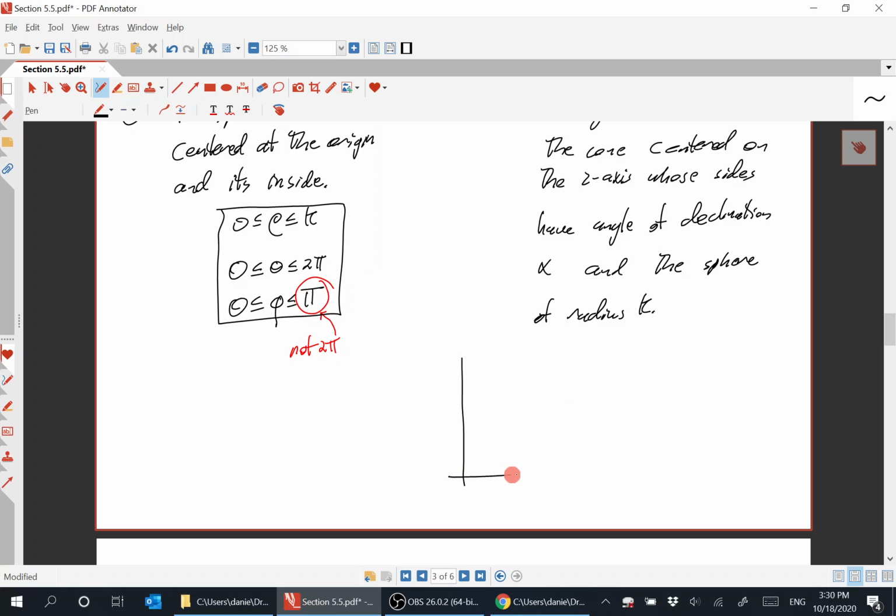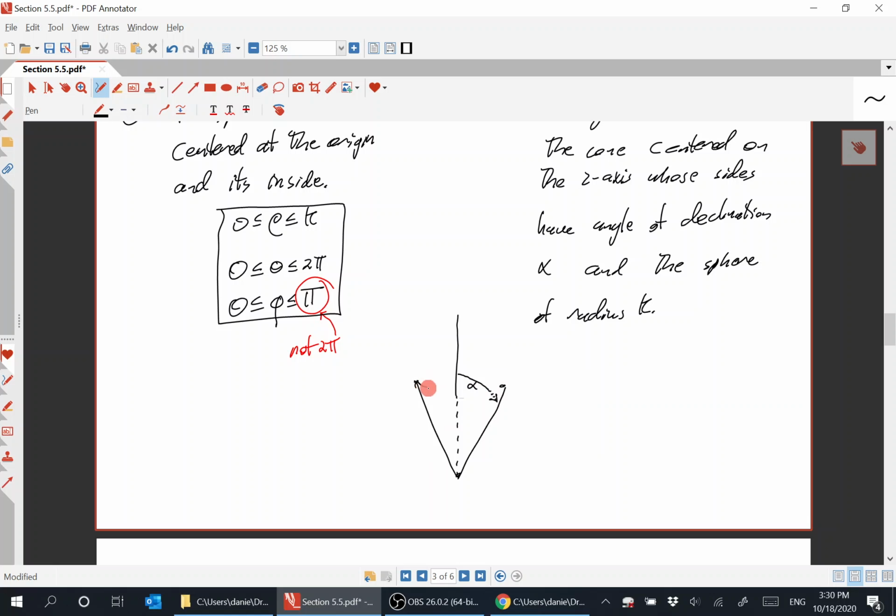So if you want to draw this thing, you're going to have this cone. The angle of declination from the positive z-axis is alpha. So this angle right here is alpha.